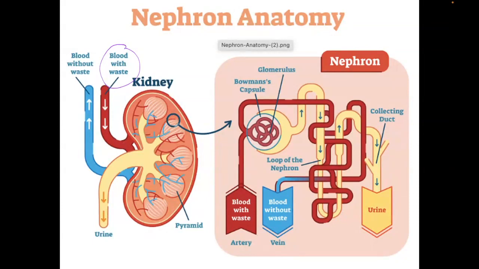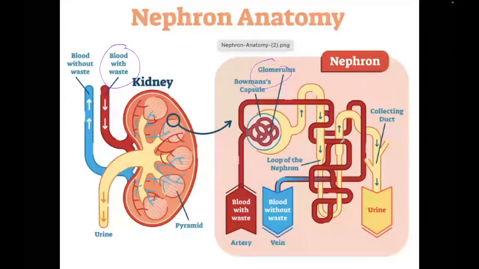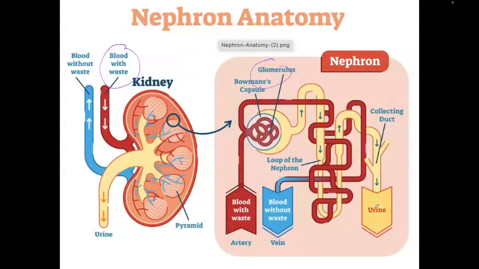So all that stuff is coming in here to eventually say, all right, right here is that glomerulus, and it's going to pull out all the debris and eventually push it through the proximal convoluted tubule, the loop of Henle, the distal convoluted tubule, collecting duct to form urine. And all the good stuff can be returned into the venous system, which is blood without the wastes, because you've already gotten rid of it through the urine. So the arteries bring in the blood with the wastes, and then the veins return the blood without the wastes.